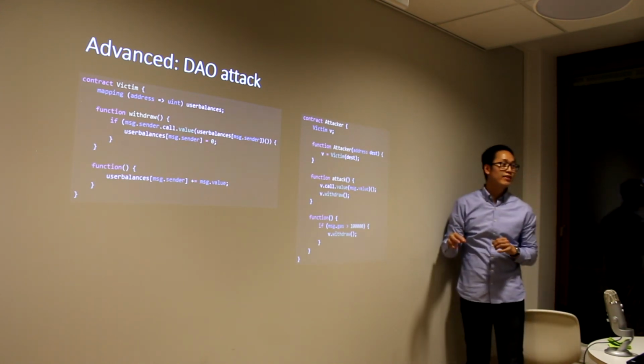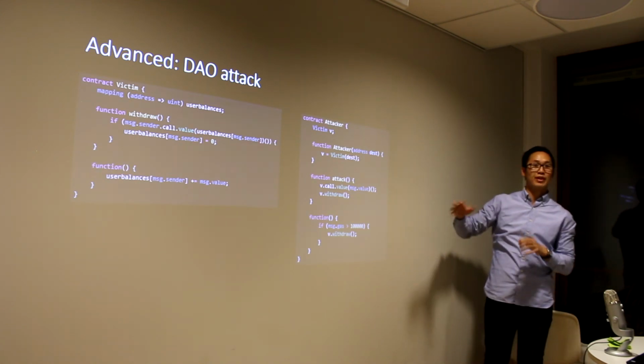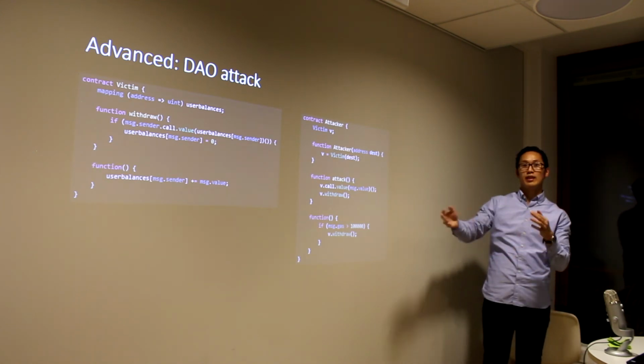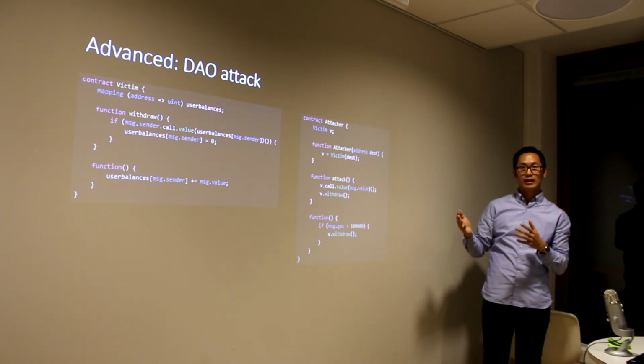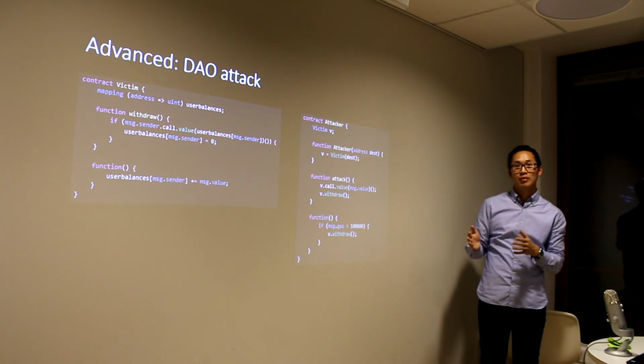Yeah, they had set some time limits for everything. It was like 7 days and 30 days, so they had to do the hard fork to really make it stop.